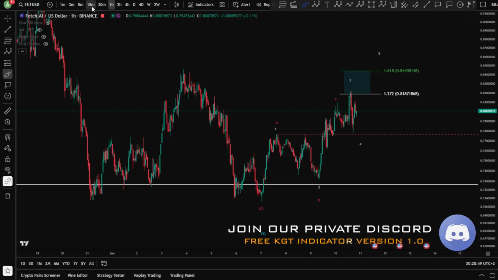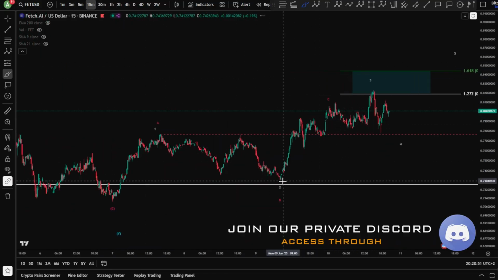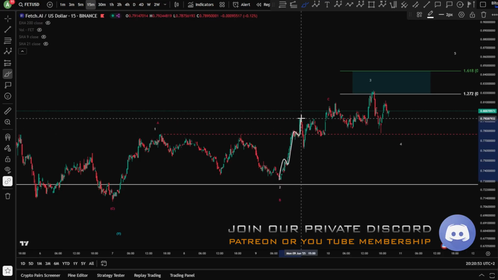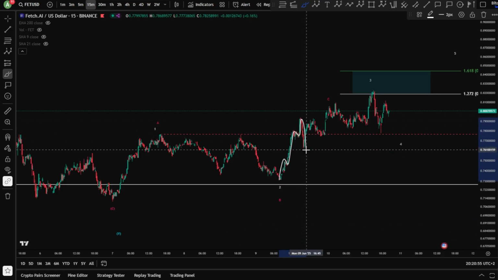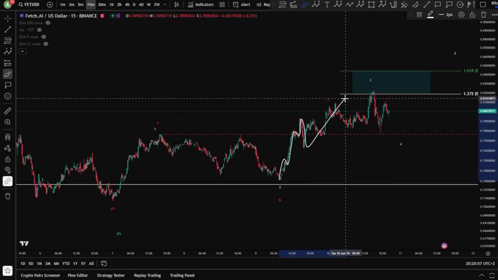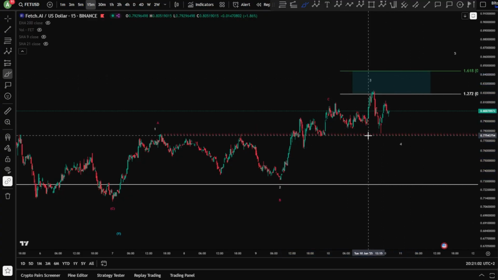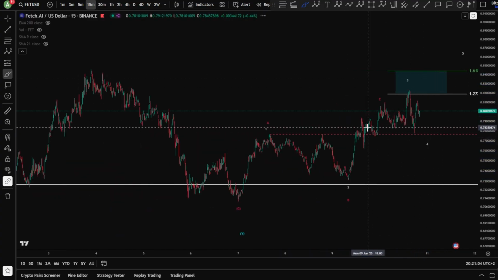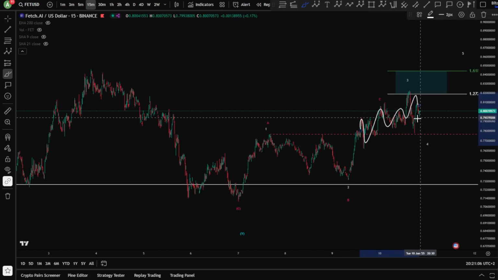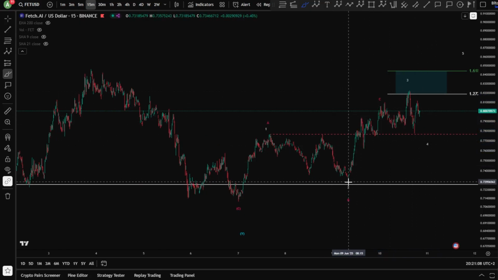But it can be a finishing structure, a 1, 2, 3, 4 and a 5. What is going on here is probably a 1, 2, 3, 4 and a 5 as well, can be an ending diagonal. Very interesting and very choppy, honestly, for an ending impulse.